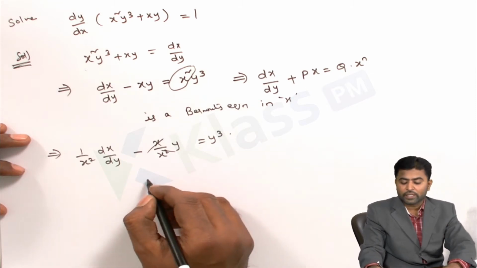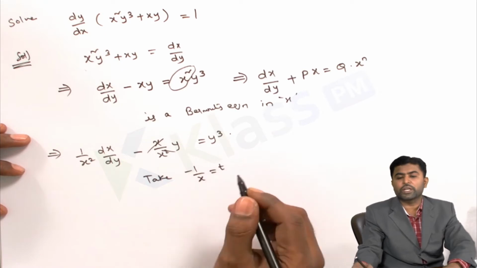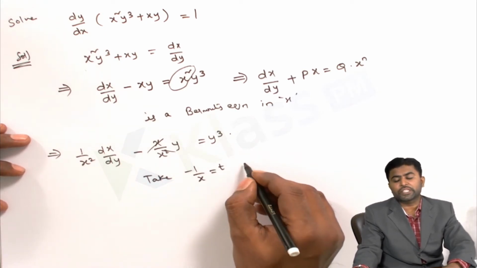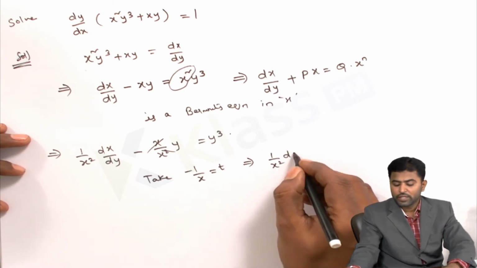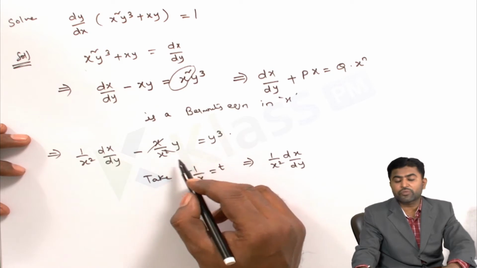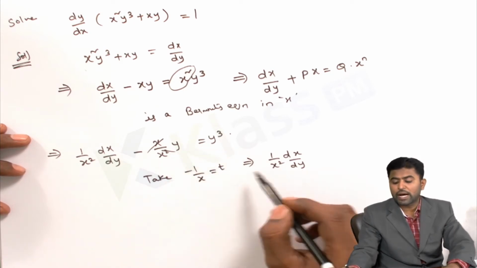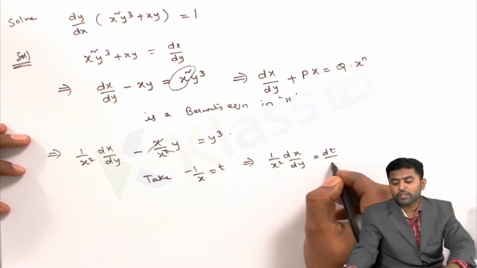So therefore I'll take minus 1 by x is equal to t. If I differentiate this with respect to y, I'll get 1 by x square into dx by dy is equal to dt by dy.